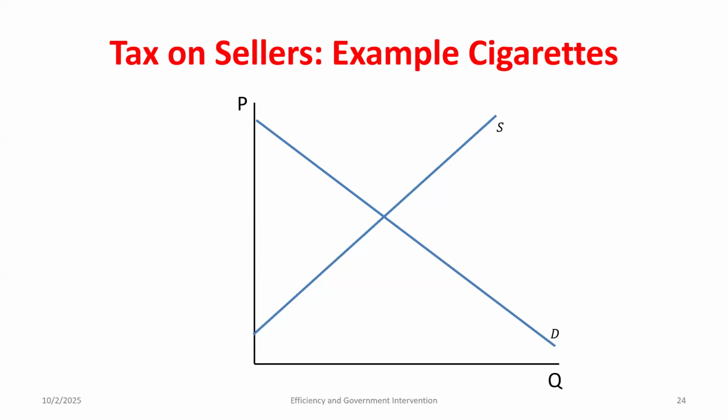We can intuitively think about why. Relative to the old equilibrium price, are consumers paying more or less than before? More. So are they better or worse off? Worse off. Are producers keeping more or less than before? Less, so they're worse off. We see producer and consumer surplus both decrease.